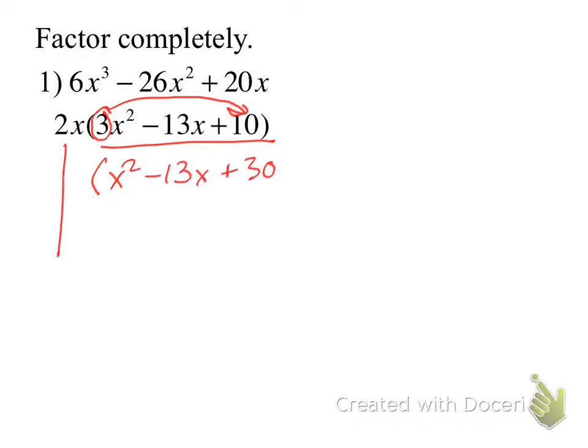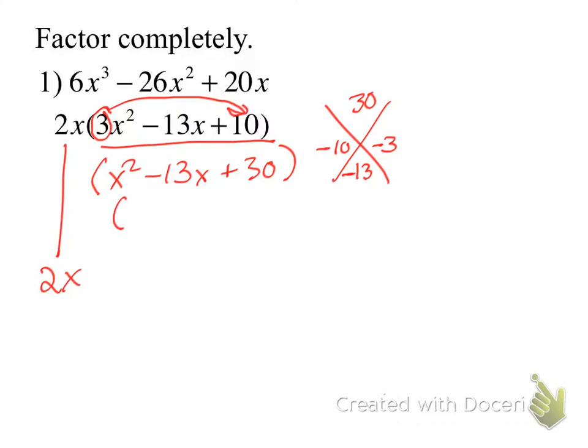Now, the biggest thing to remember is that you remember your 2x, the GCF. Now, what multiplies to 30 and adds to negative 13? How about Maggie? Negative 3, negative 10.